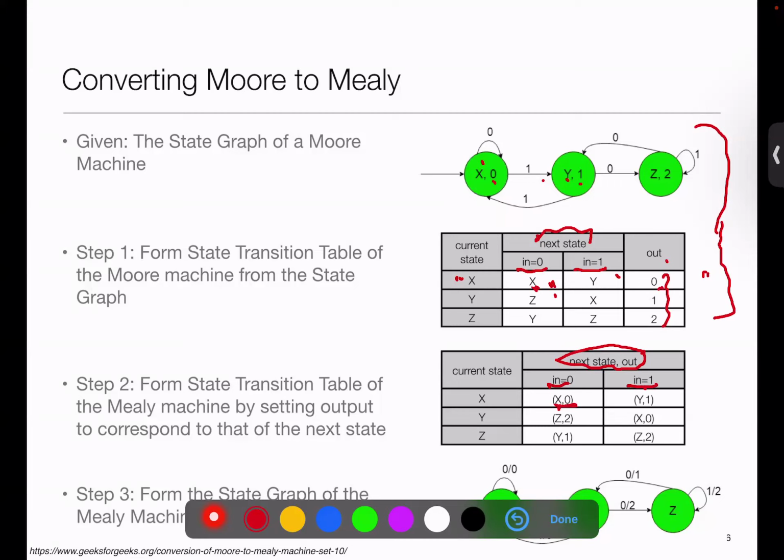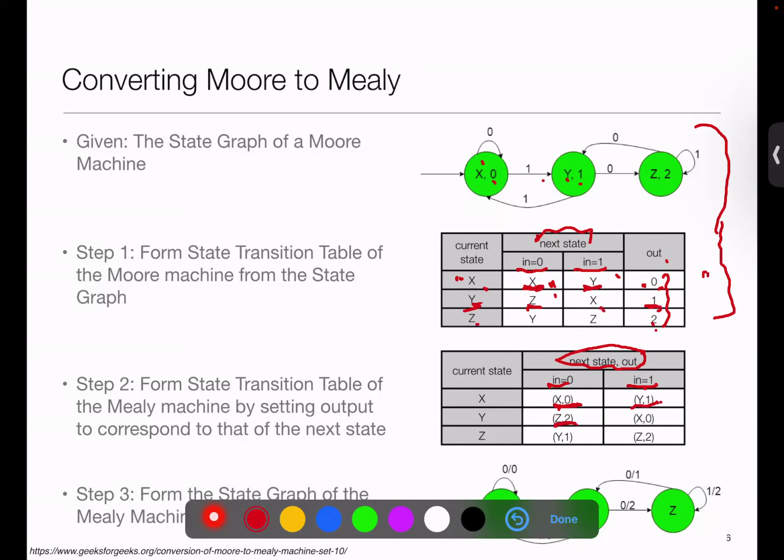Let me explain. We look at the next state, and then we see what is the output associated with that state. Here the next state is X, and for X the output is 0, so we write X, comma, 0. Under input equal to 1, the next state is Y. We look at Y, and Y has an output of 1, so we put Y, comma, 1. Likewise, Z has output 2, so we put Z, comma, 2.